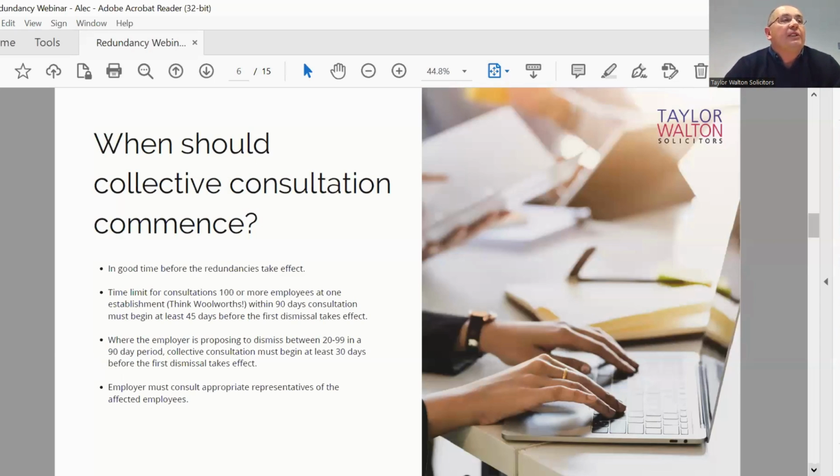So obviously, in some of those stores there were fewer than 20 staff, and therefore the collective consultation arrangements did not apply, and the company could consult just with individuals rather than on a collective basis.